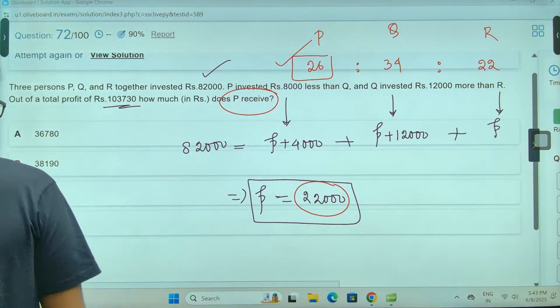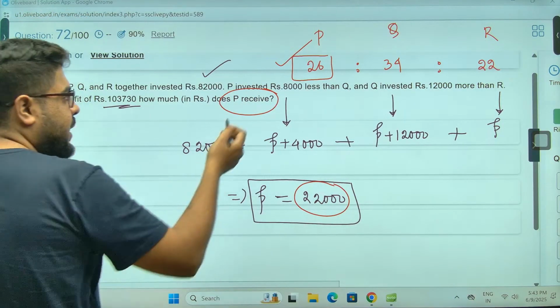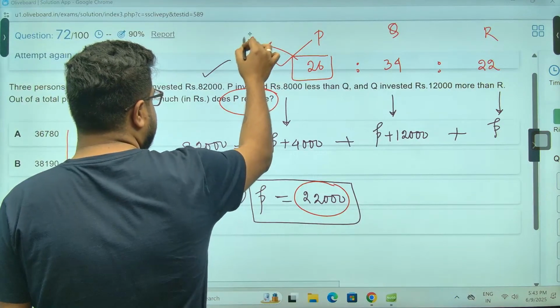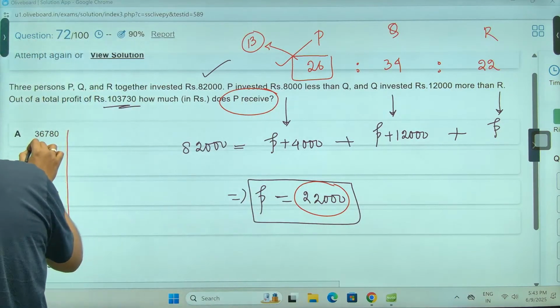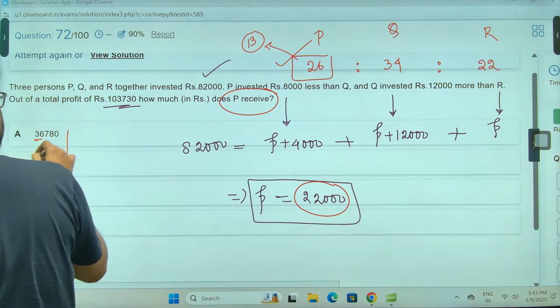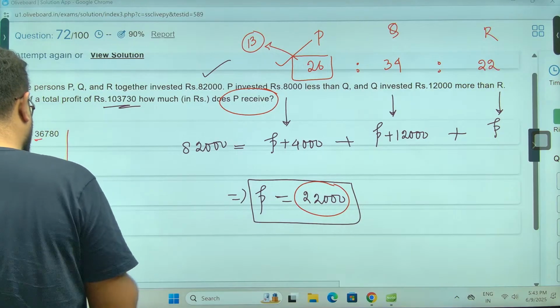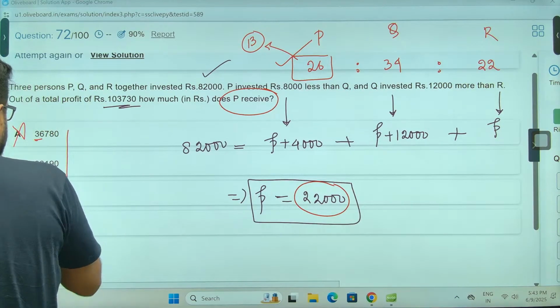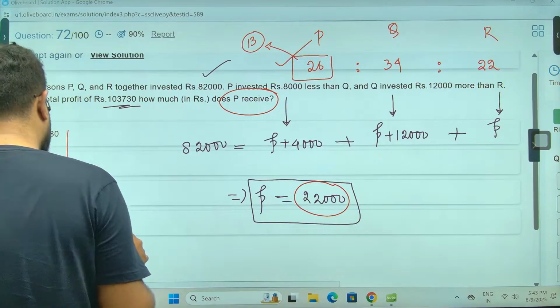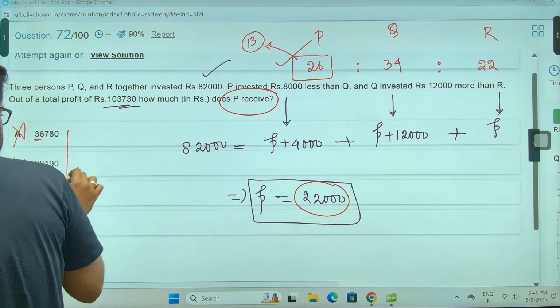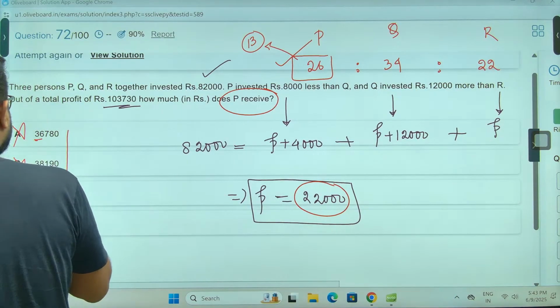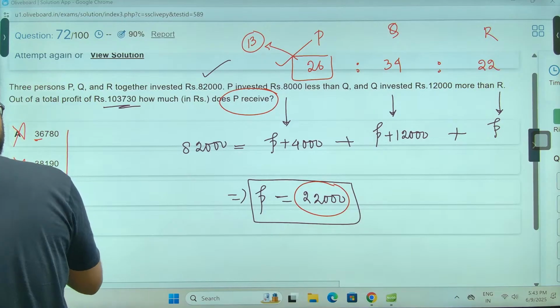All are divisible by 2, meaning I need to check the divisibility rule of 13. 13 2s are 26. 107, no, it's not divisible. 121, no, not divisible. 13, 26, 68, yes, this is divisible.